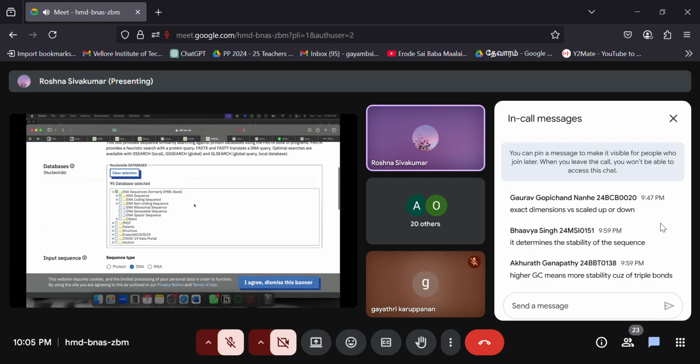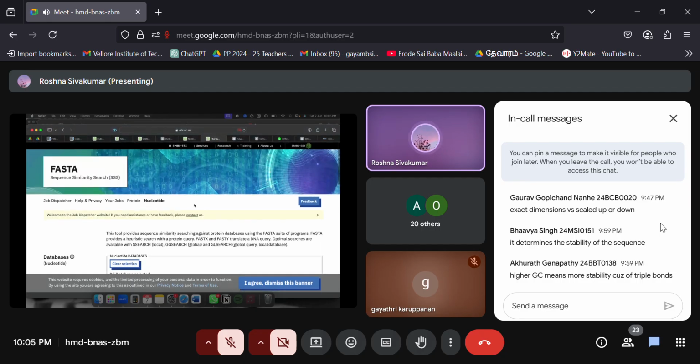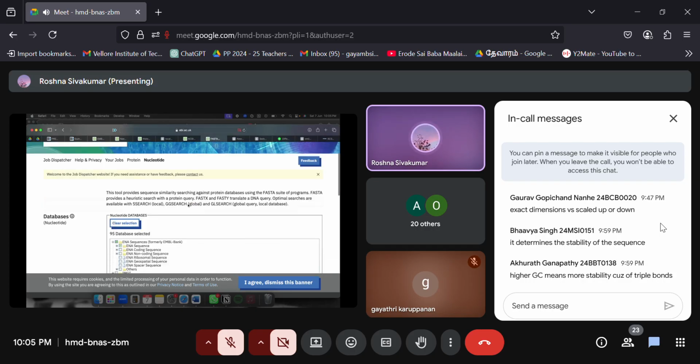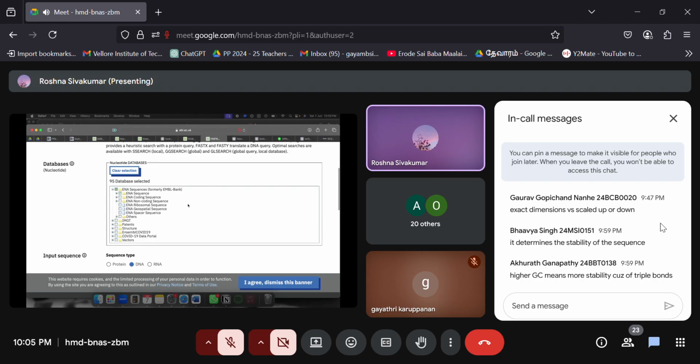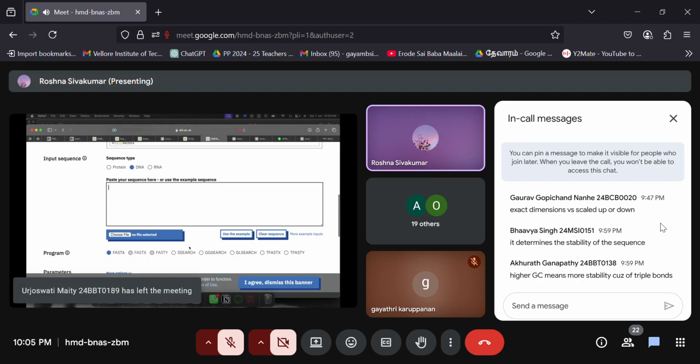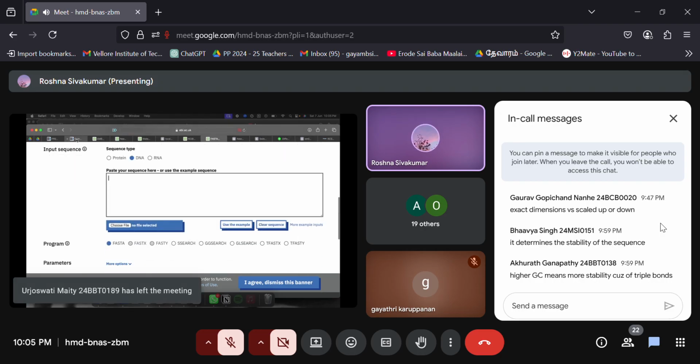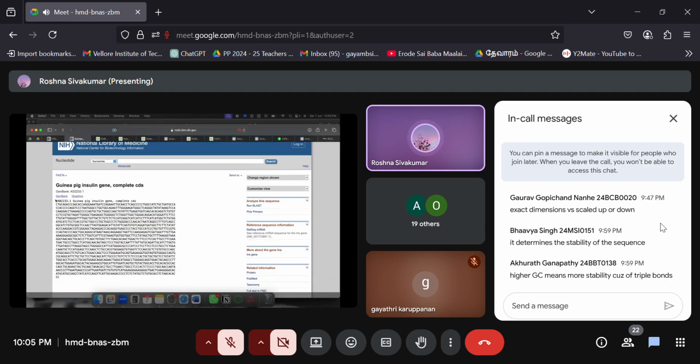Okay, so we have this other thing called FASTA, which is fast alignment. But the ironic thing is that BLAST is faster than FASTA, which is very sad because it's just such an insult to FASTA. So again, now let's go with the guinea pig's insulin gene.